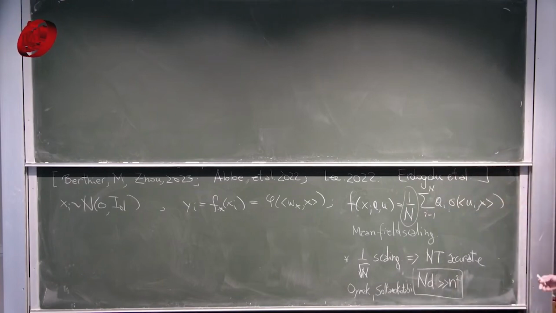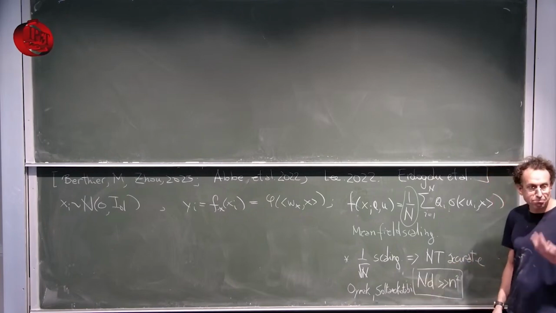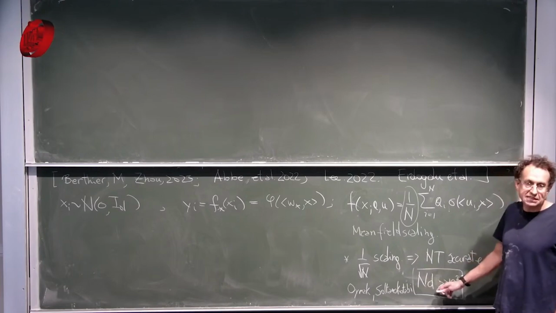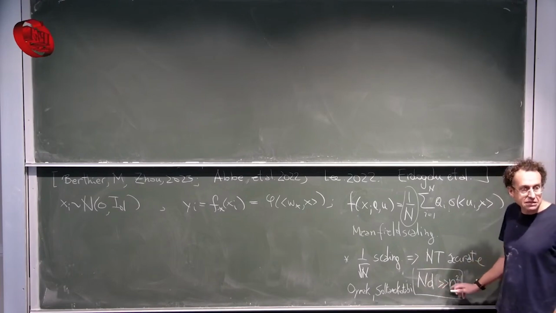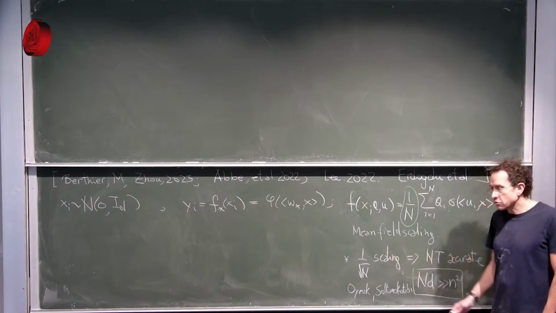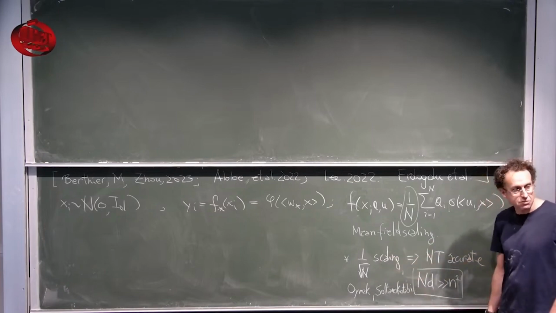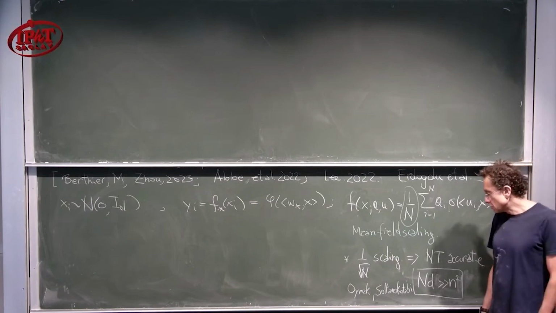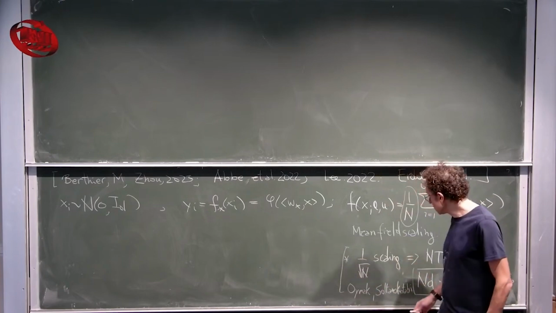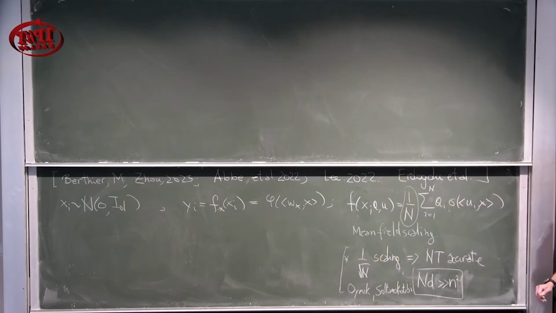You remember that I got a condition that depends on the Lipschitz constant of f, of the Jacobian of f, on the minimum eigenvalue, etc. And Oymak and Soltanolkotabi basically estimated all these constants for a two-layer network, and they derived that the number of parameters is much bigger than the sample size squared. And if you take this 1/square root n scaling, then the neural tangent approximation is accurate, right? So this means that if you want to escape the neural tangent approximation, you need to take the mean field scaling.